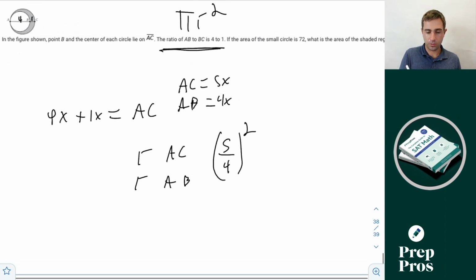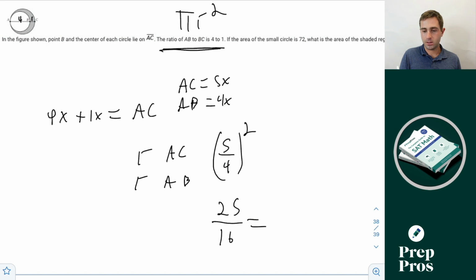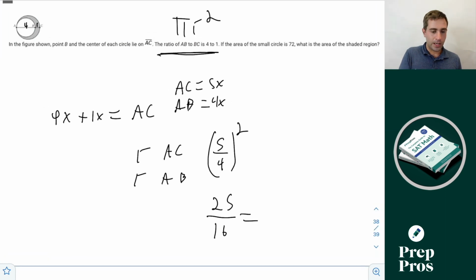So the ratio of the area of the circles is going to be 25 to 16. This is going to tell us that the area of circle AC is to 25 as the area of AB is to 16.